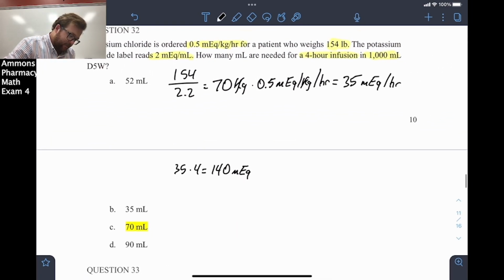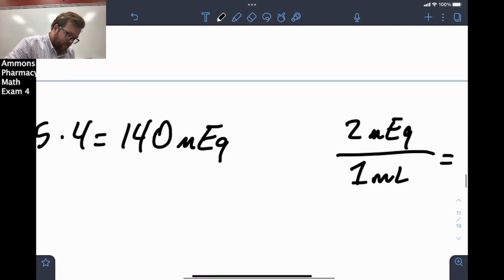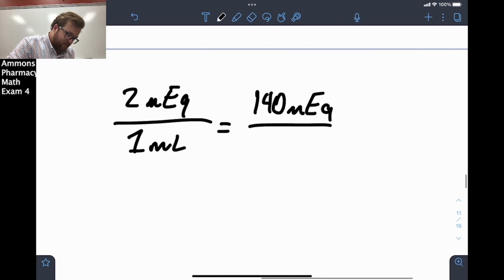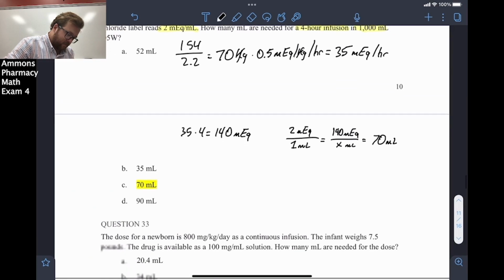It's 2 milliequivalents per mil. So that's 70. Yep.